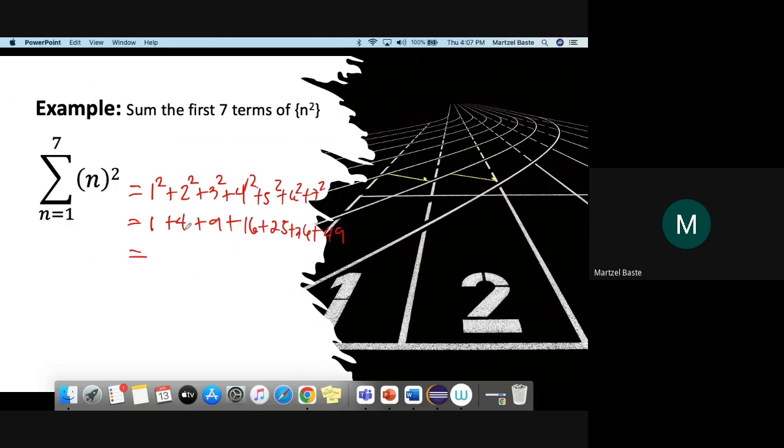For the result, add them up, my brain is tired from math. 1 plus 4, 5, 14, 14 plus 16, 30.